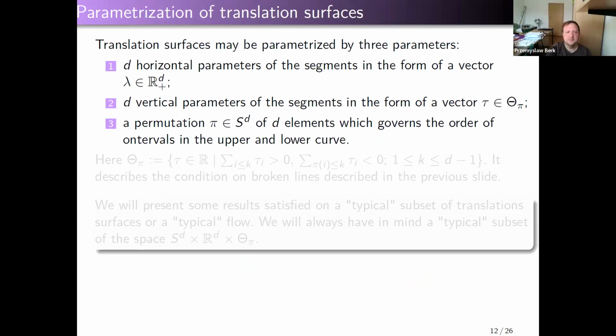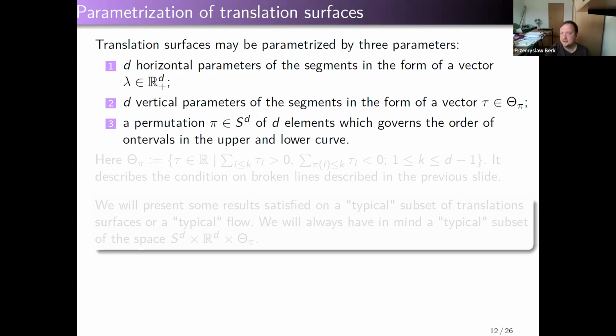It's useful to assume some irreducibility of pi, but I don't want to get into details. You can imagine that not all pi's are good because you somehow don't want to divide your surface into 2 parts, but this is not that important. And here, lambda is just the horizontal vector, a vector of positive coordinates.